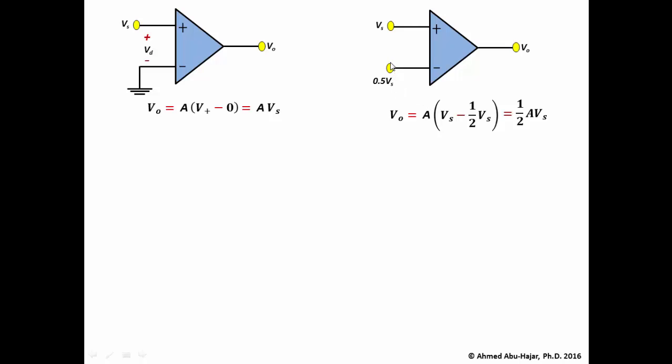What is important for us is that when we add a voltage to the inverting input, the output is decreased. So the inverting input negatively affects the output voltage, reduces it. And this is a very powerful observation: by increasing the negative voltage, we can reduce the output.